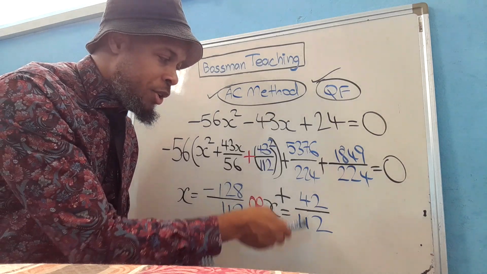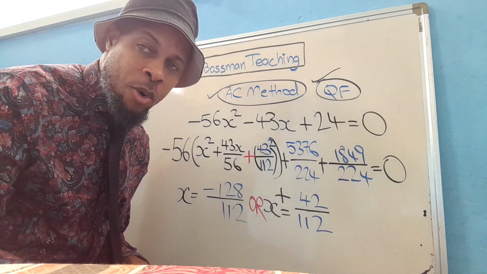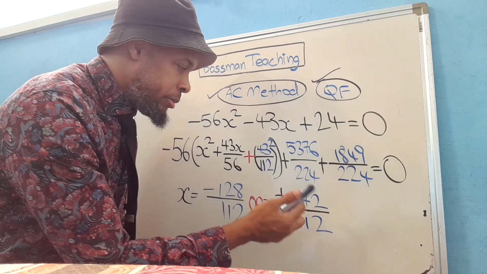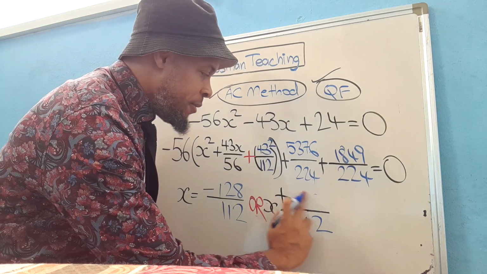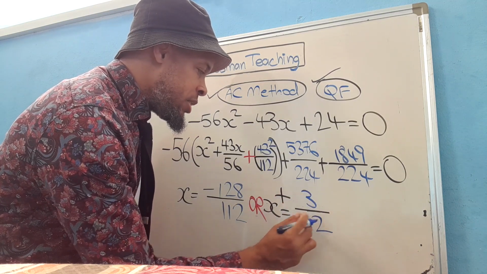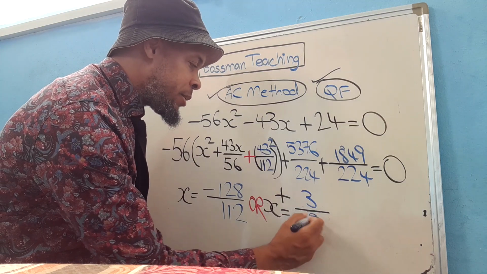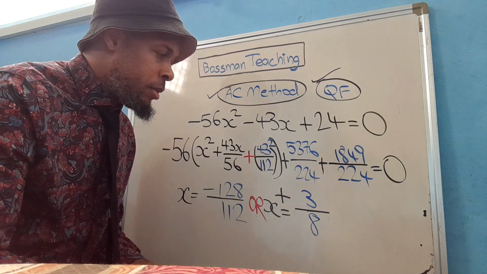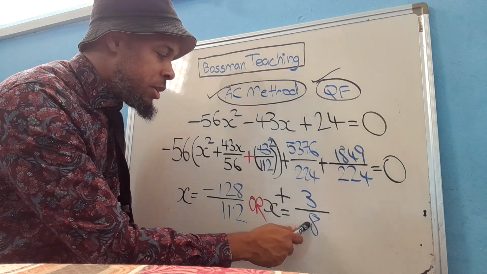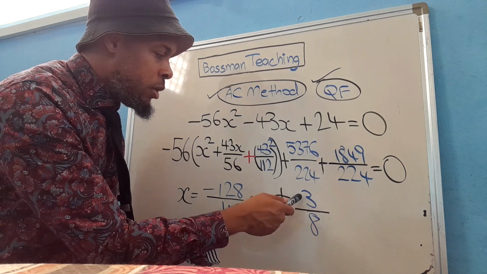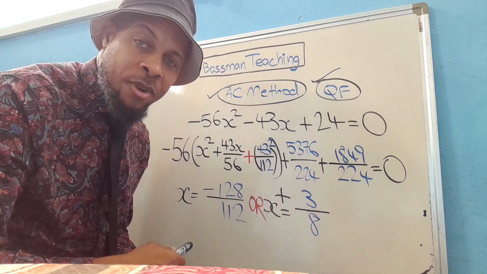Therefore, when we reduce that, we end up with what? 3 over 8, right? So we don't even have to guess. That is 3. And this is 8, right? 14 times 8, 112. 14 times 3, 42.